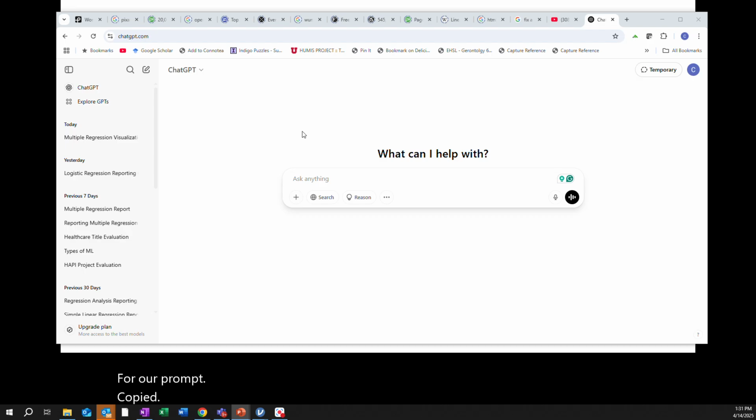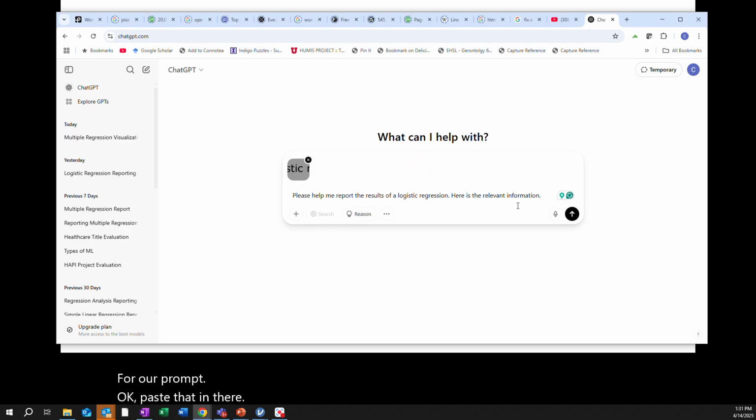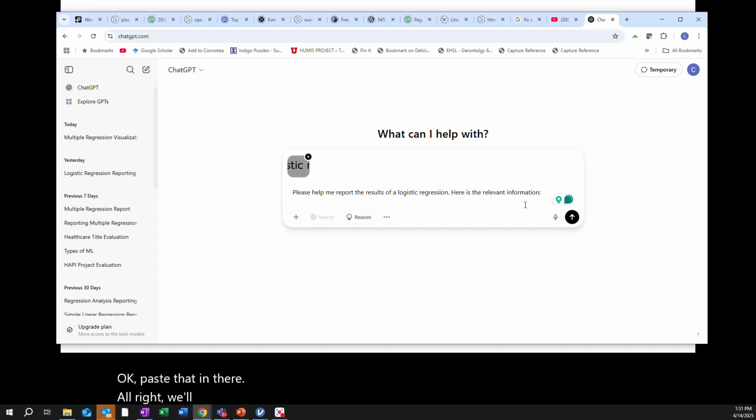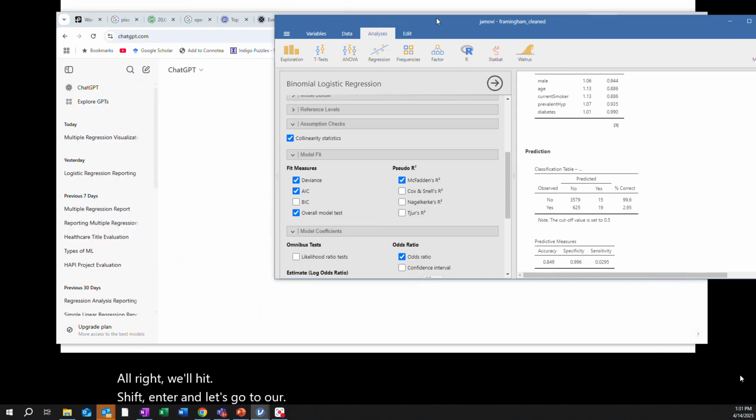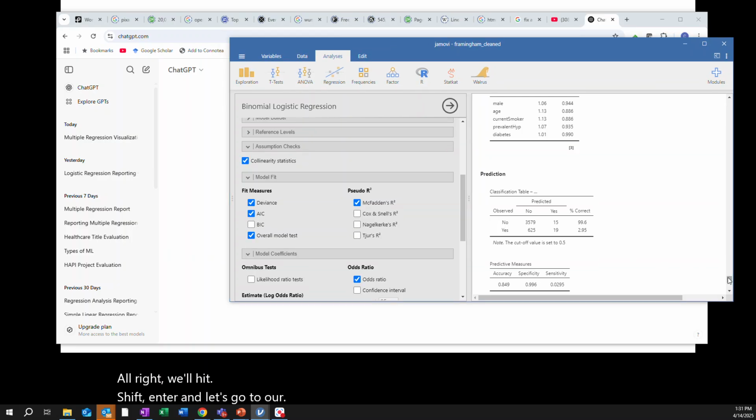Okay, paste that in there. All right, we'll hit Shift Enter and let's go to our table here.